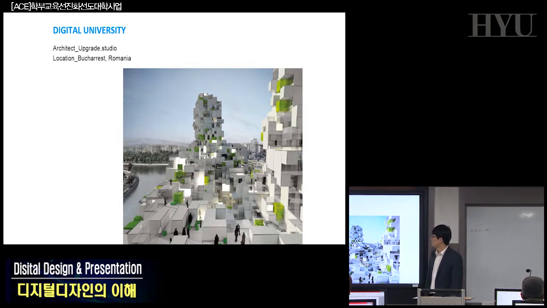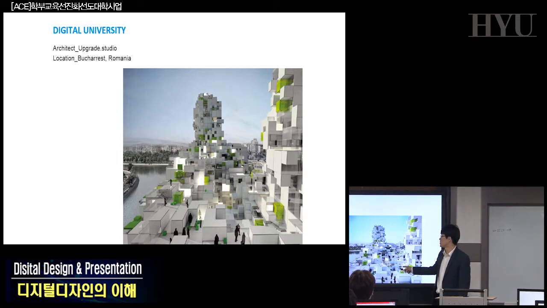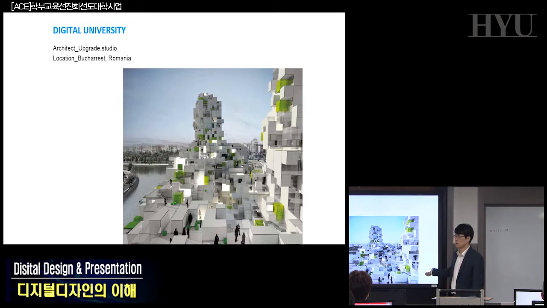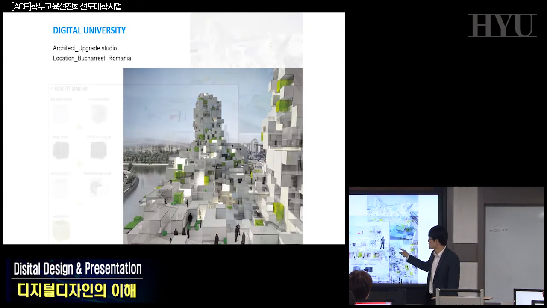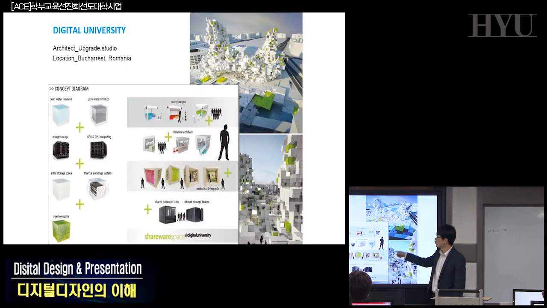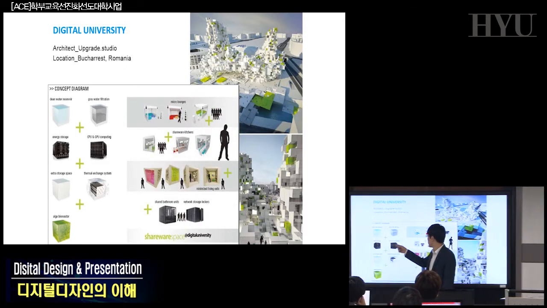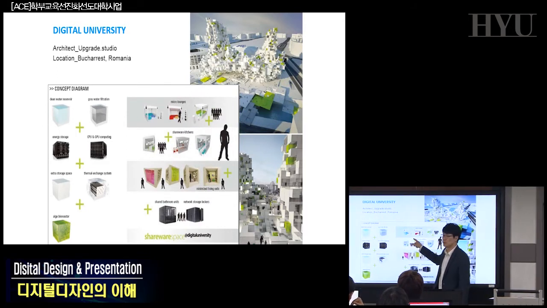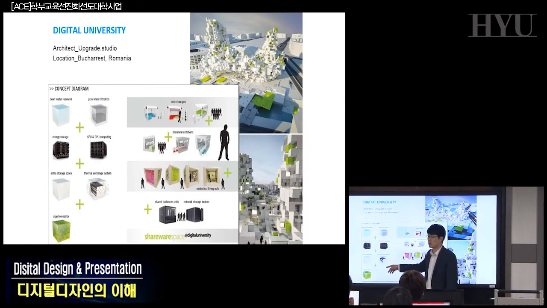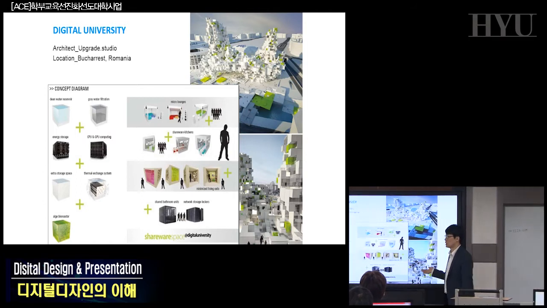But anyway, Digital University, take a look at the box shape, cube shapes. This is something like a pixel in digital. But this time, there is the voxel. Voxel means 3D pixel, okay? So this one single cube has a different function. We can take a look at the size of the volume of this cube, and each one has a different function, structure, something like that.